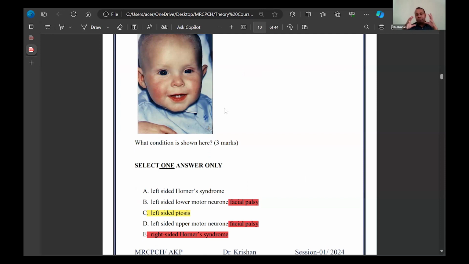When we do MRCPCH courses, we do them topic-wise. When we do neurological cases, we do a lot of ptosis and cranial nerve involvement cases. And then we have separate sessions on picture tests, where we will do pictures.